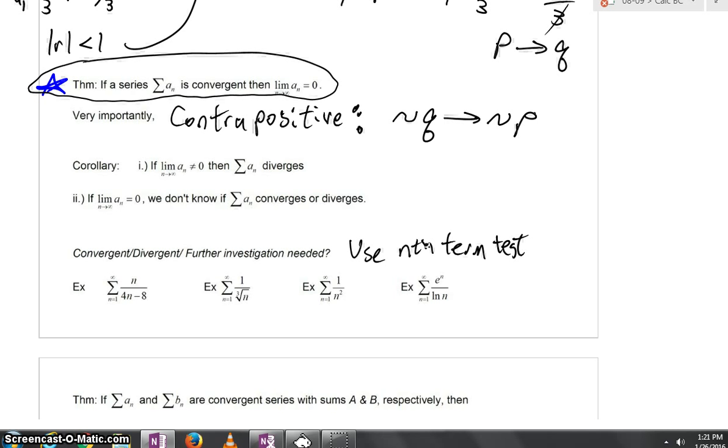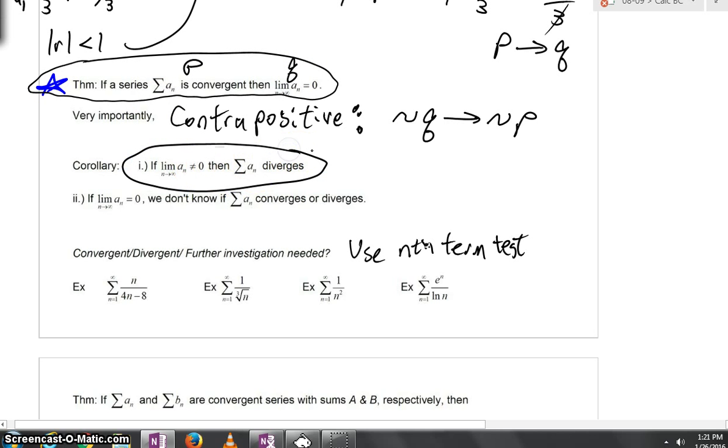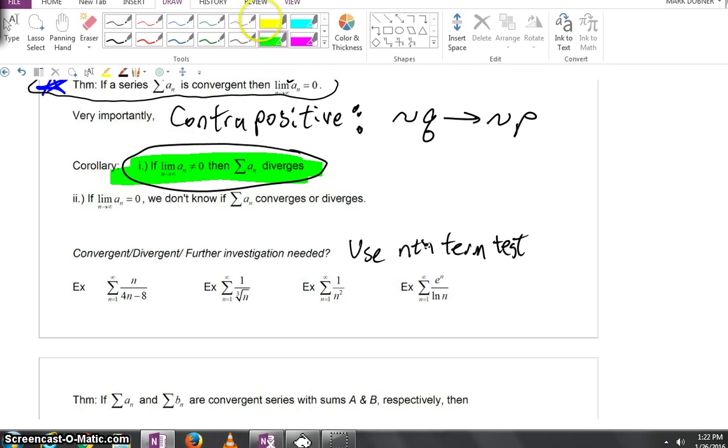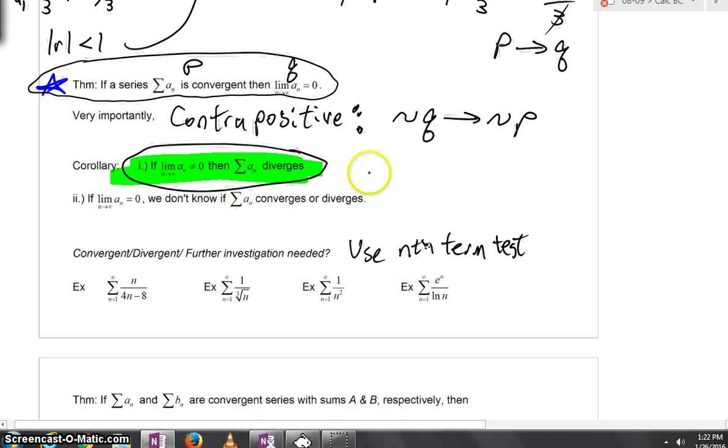Wonderful. So if this theorem is true, here's my P. If a series is convergent, call that P, then the limit goes to 0. So guess what the contrapositive is? It's right here. If not Q, and this is the one we use a ton. Oh my gosh, this becomes your lifeline. It's going to be known as the nth term test for divergence.